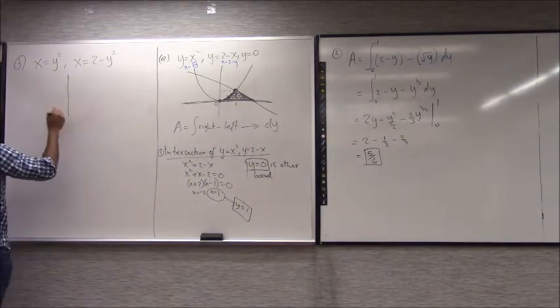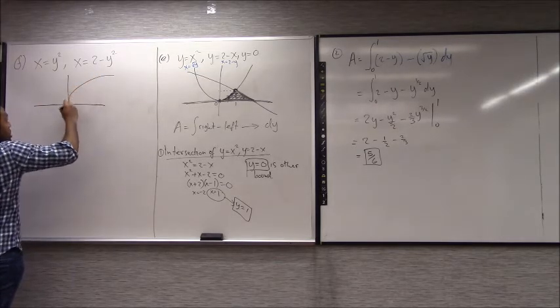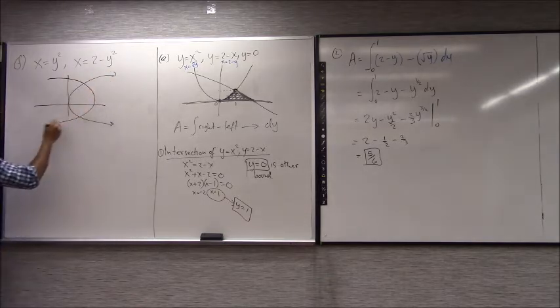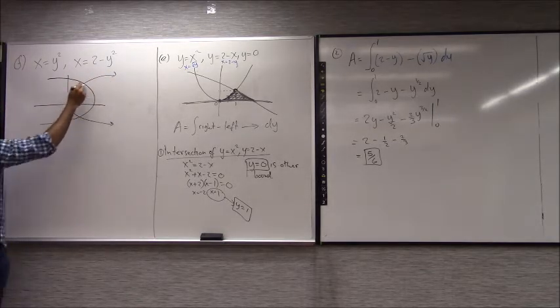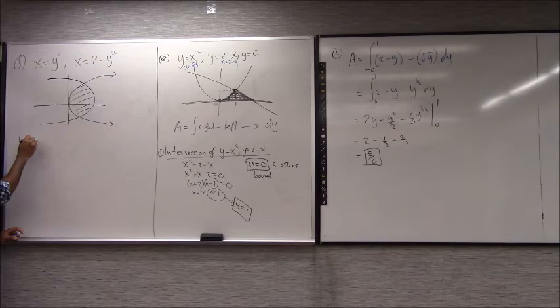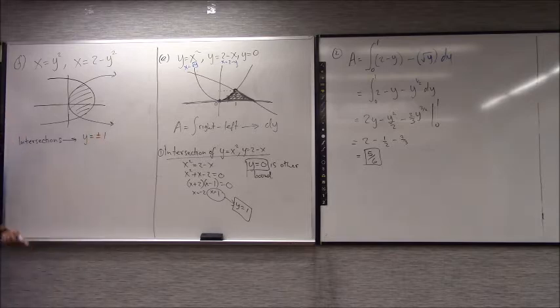Let's actually sketch this one. So we did this already, so that's x equals y squared, looks like that. X equals 2 minus y would look like that. The intersections here are going to be y equals plus or minus 1, because we did something similar to that in the previous problem.